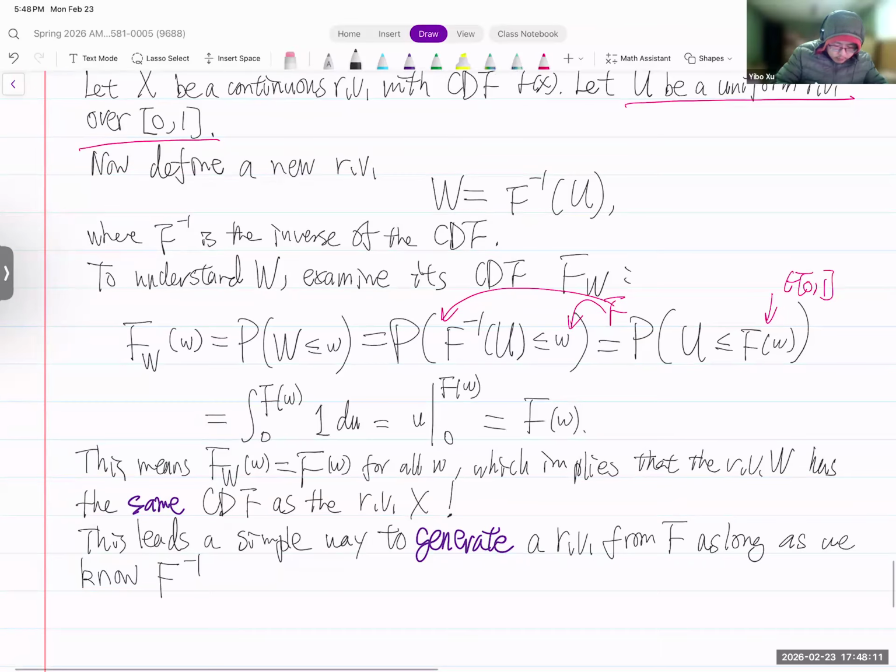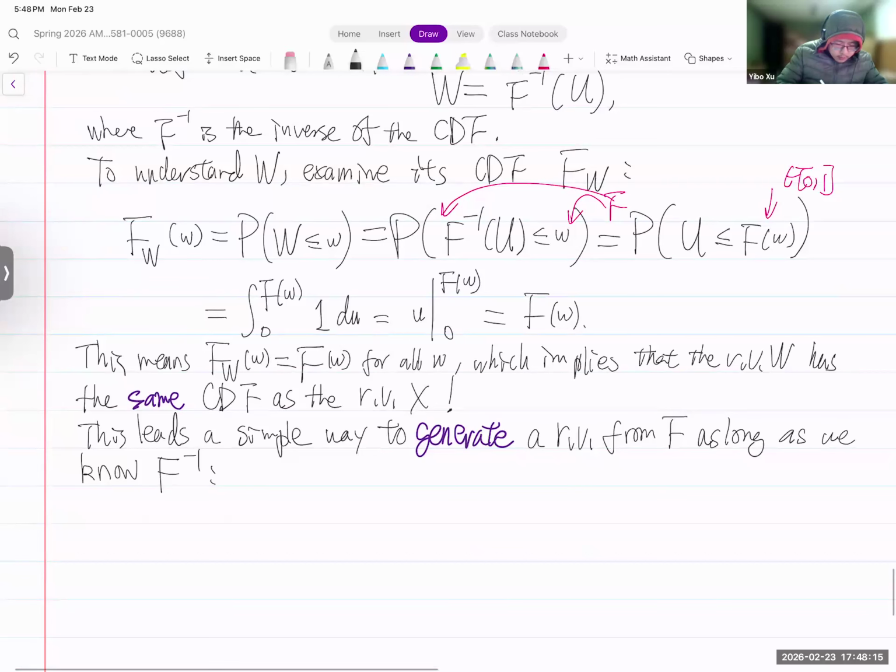Okay. So step one, generate a random variable u from the uniform distribution between 0 and 1.